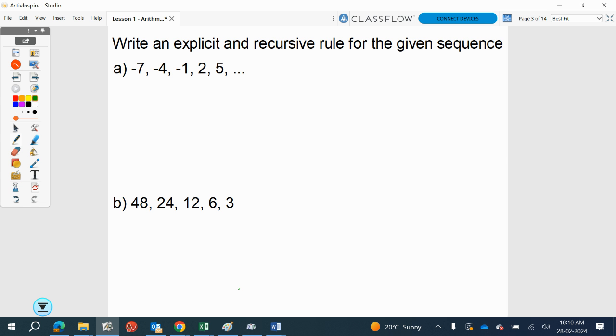Plus 3. So what's the recursive formula? A1 equals minus 7, An equals A(n minus 1) plus 3. And how is n defined? Every positive integer. What about the explicit? An is equal to minus 7 plus 3(n minus 1).